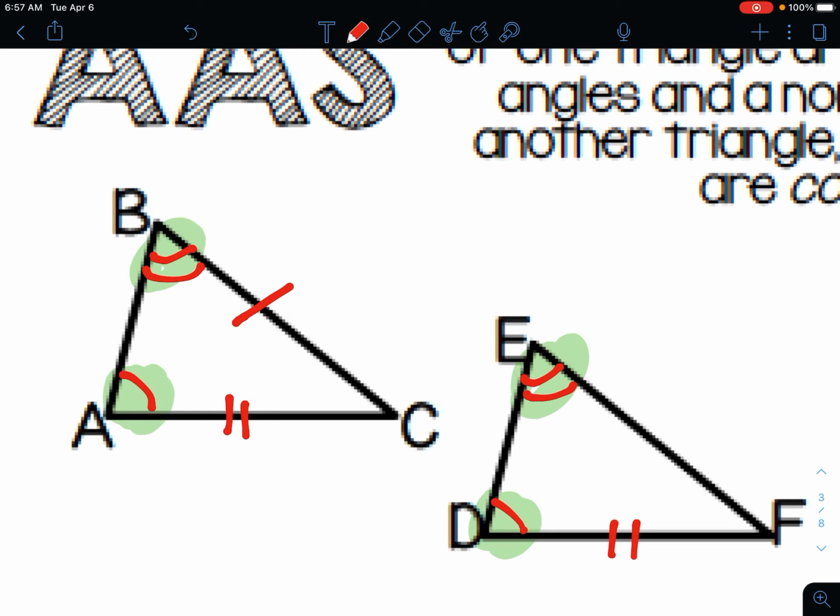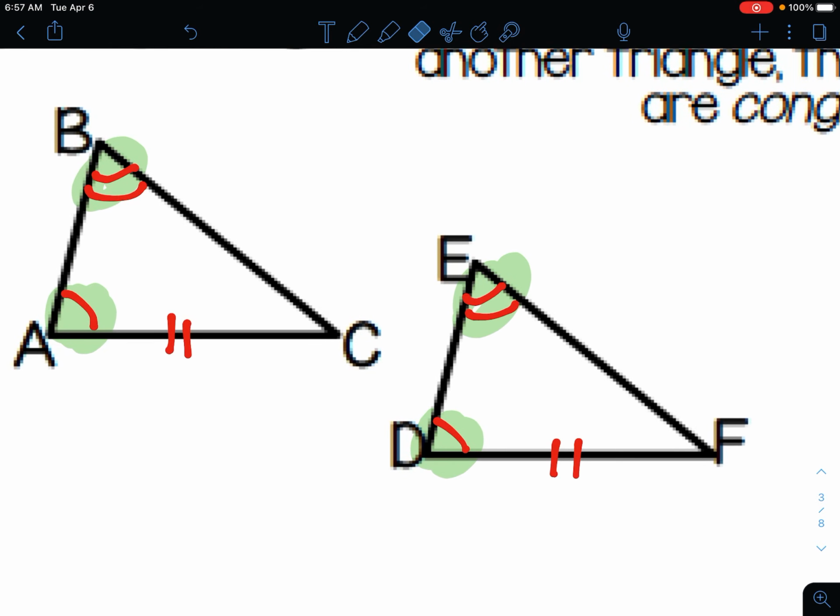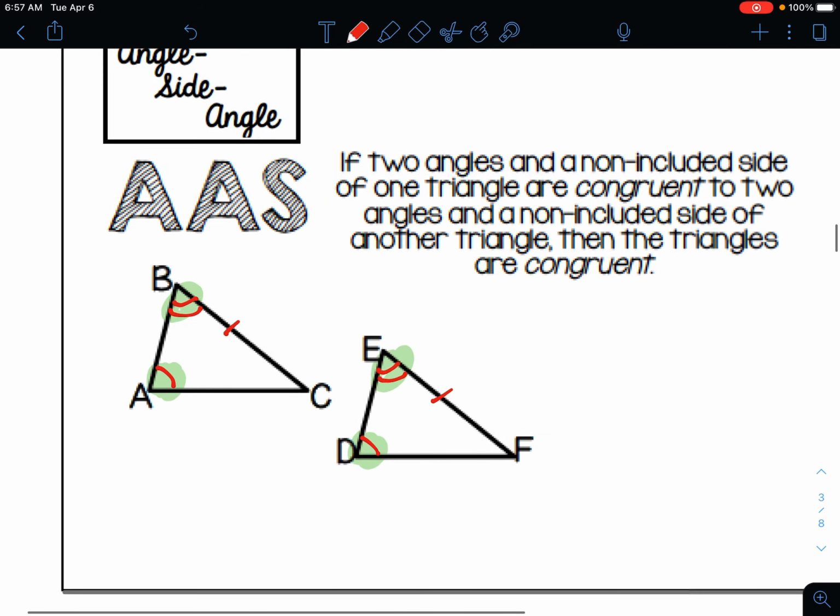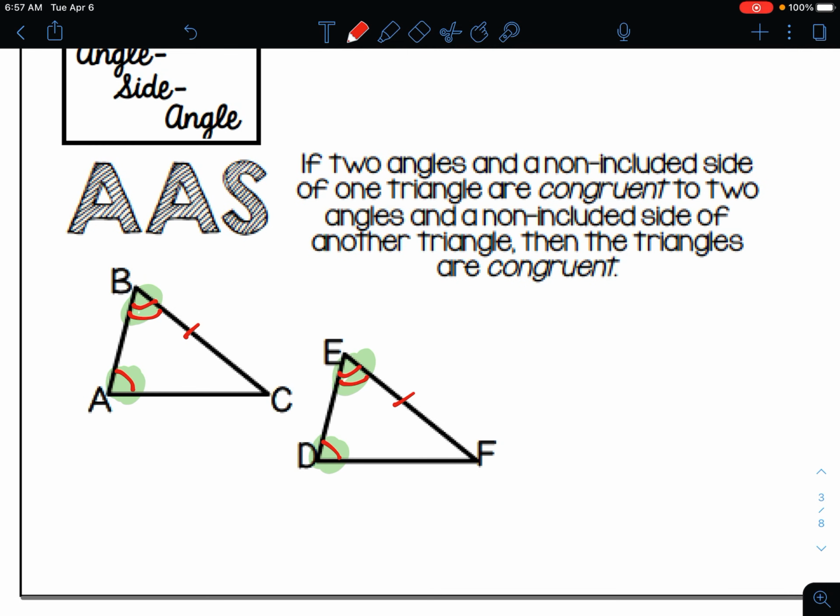All right, that is angle, angle, side. Doesn't matter which setup with the side, as long as it's the non-included side.